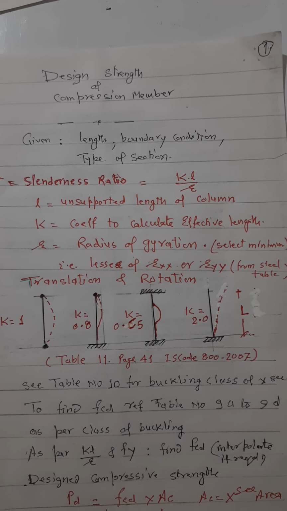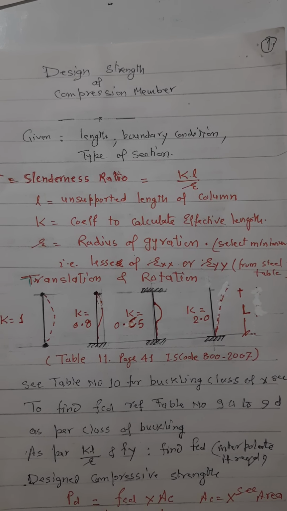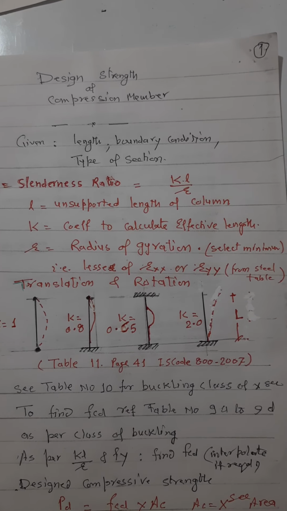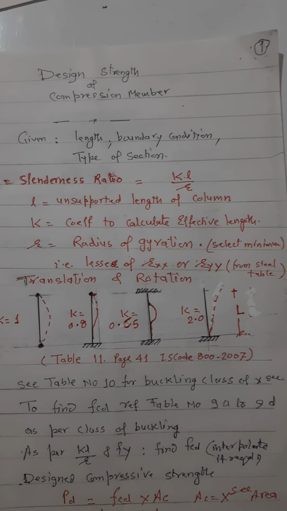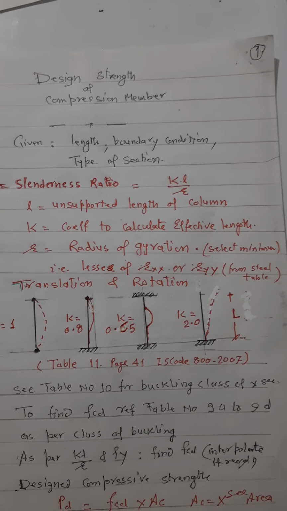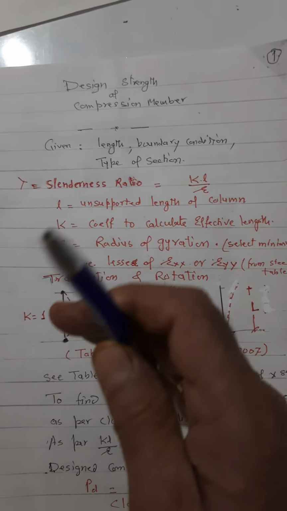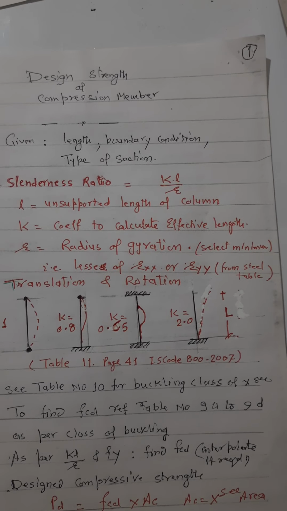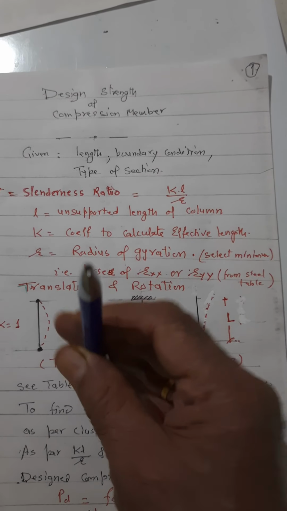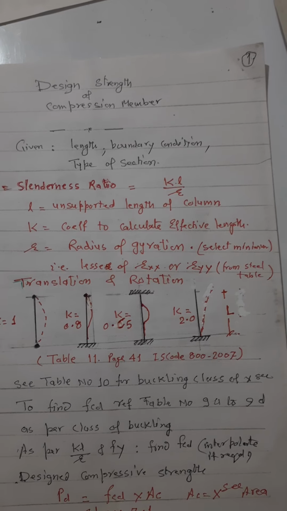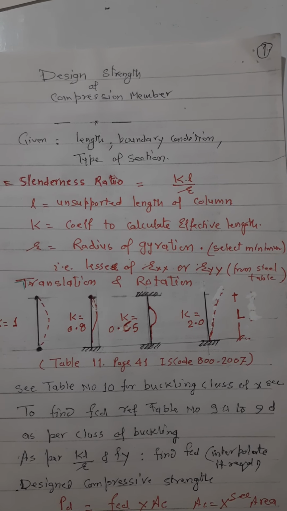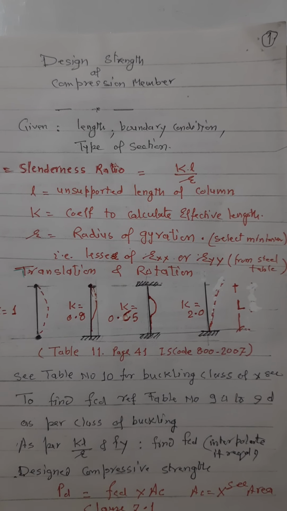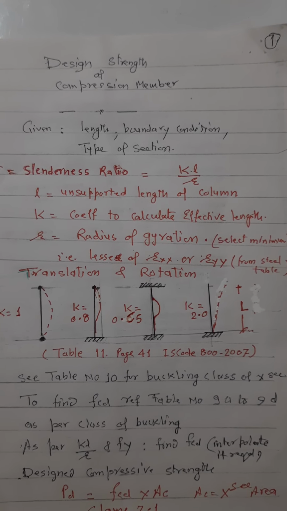When the displacement takes place, we call it translation, and when it rotates like this, we call it rotation. When an end is fixed and it rotates like this, we can call it free in rotation, but it is not leaving its place, it cannot be displaced, so we can call this restrained in translation but not in rotation.